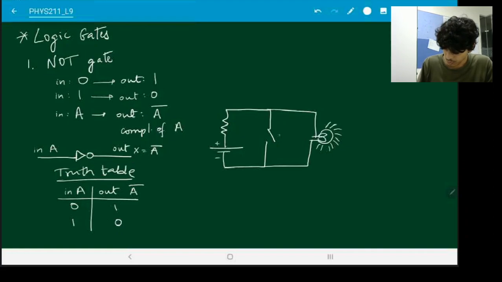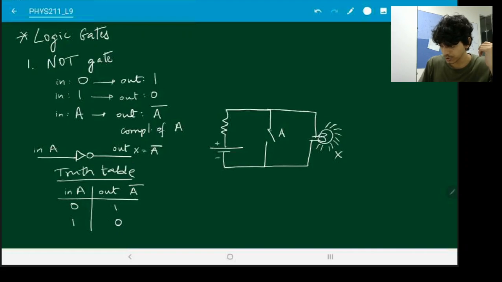And the switch is what I'm calling A, and the light is my X. So if the switch is open, which means the input is 0, then as you can see, the bulb is part of the circuit, and therefore X lights up. So if A is 0, X is 1.